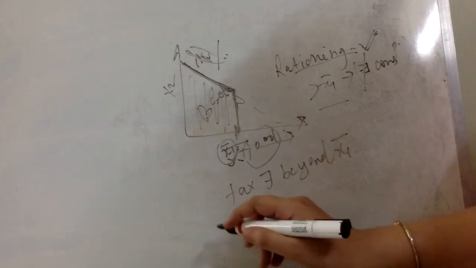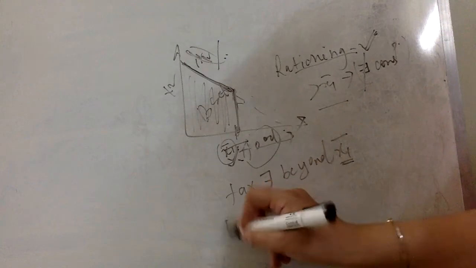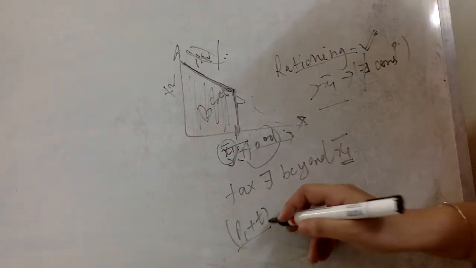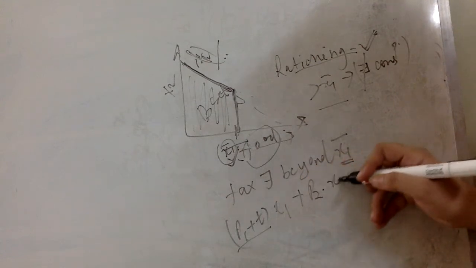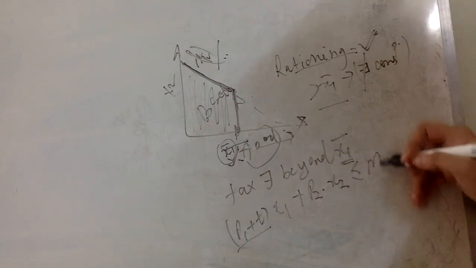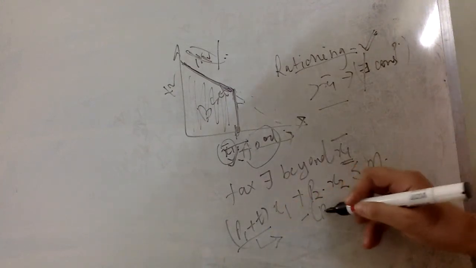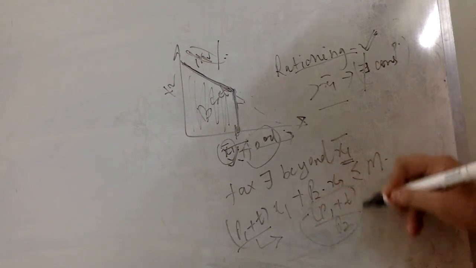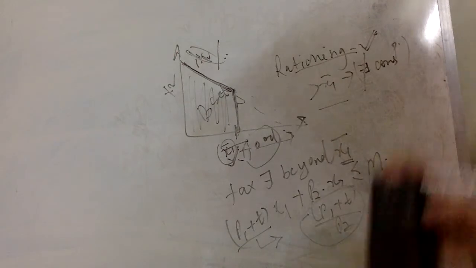Beyond x1 bar the new price is p1 plus t, so the new budget line becomes (p1 plus t) times x1 plus p2 times x2 less than or equal to m. The slope of the new budget line will be minus (p1 plus t) by p2.